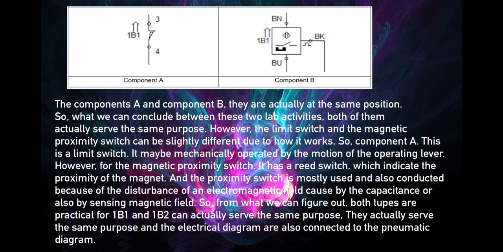So from what we can figure out, both types are practical for 1B1 and 1B2 and actually serve the same purpose. The electrical diagram is also connected to the pneumatic diagram.